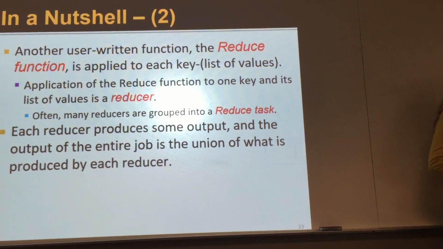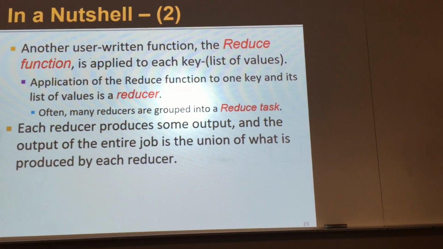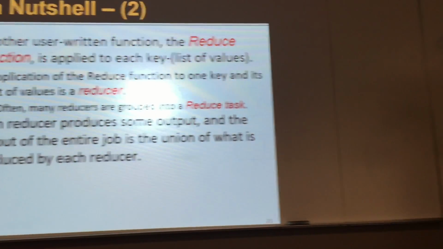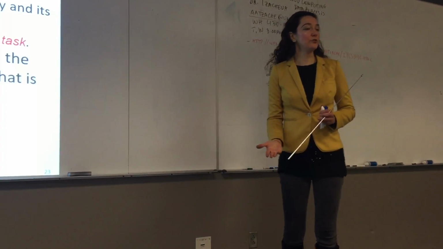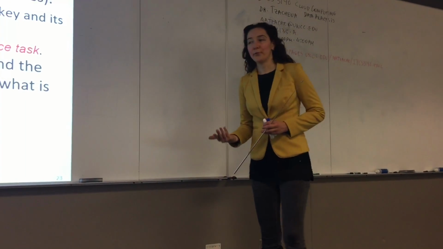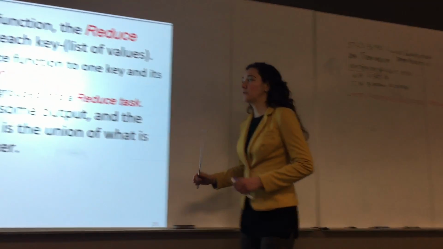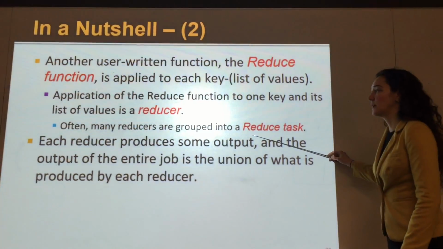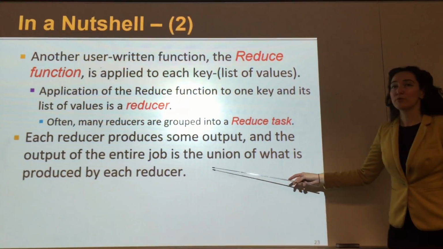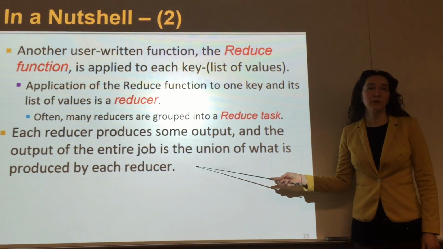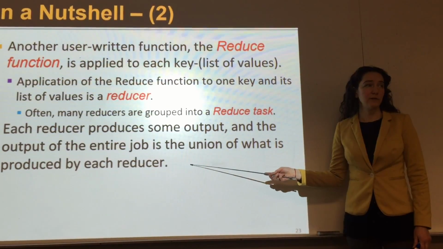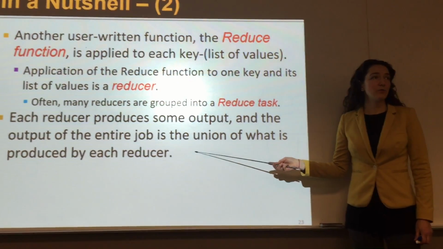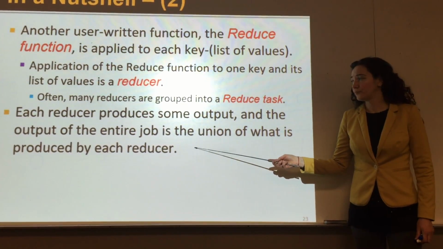Again, the reason we have these multiple mappers and reducers is because we either had a lot of documents or the documents were huge, could not be done on one machine, and each one of these is running on a separate machine at the same time. So eventually they produce multiple outputs, and now we have to take these outputs and combine them together to give the answer to the user. And that's what the reduce function will do.